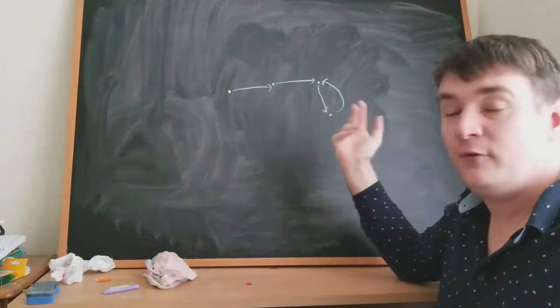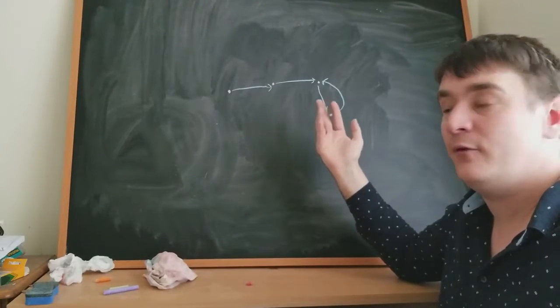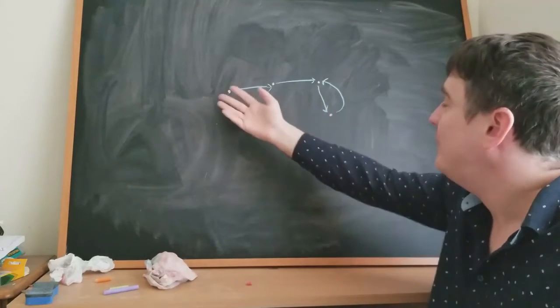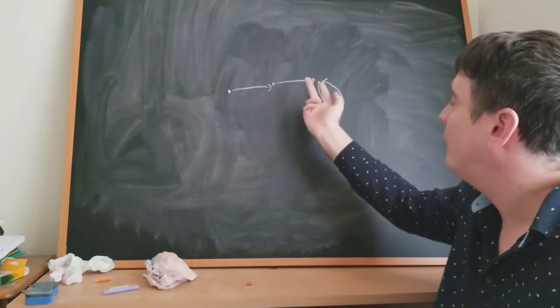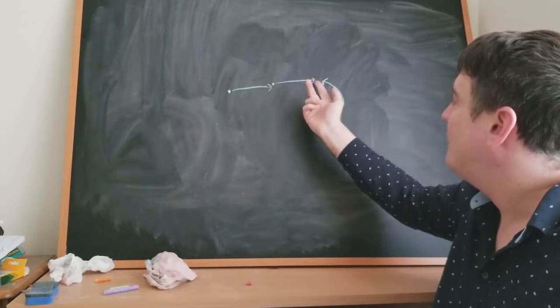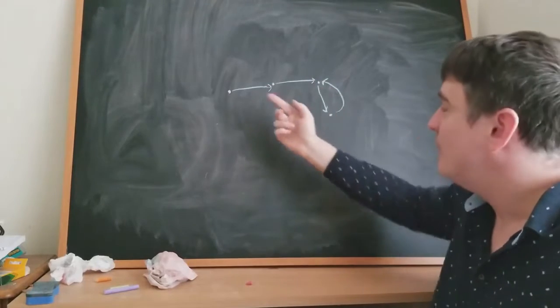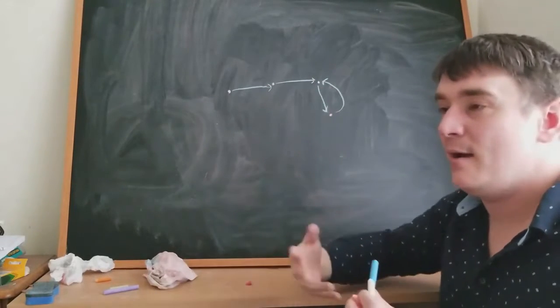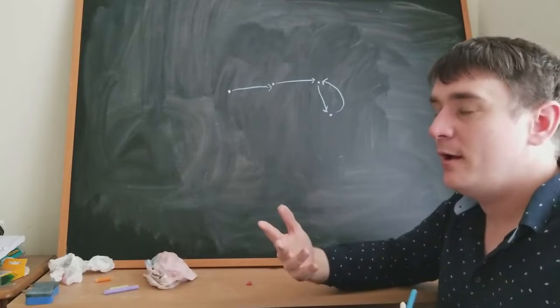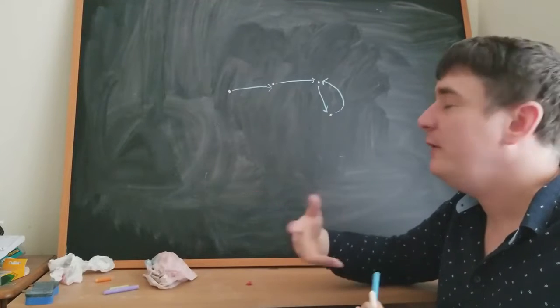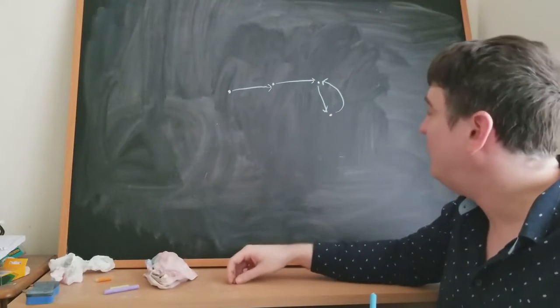But we can turn it into a so-called pre-ordered set. We have this set of elements, nodes if you like, and we can turn it into a pre-ordered set.